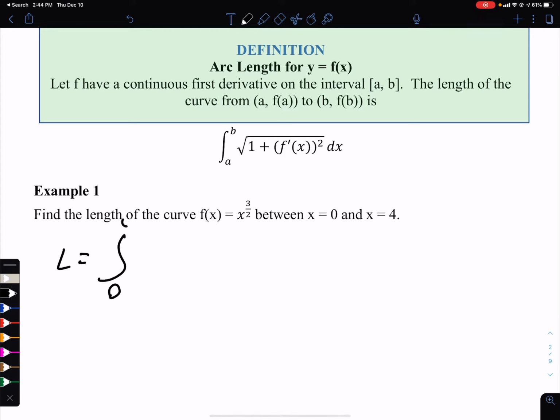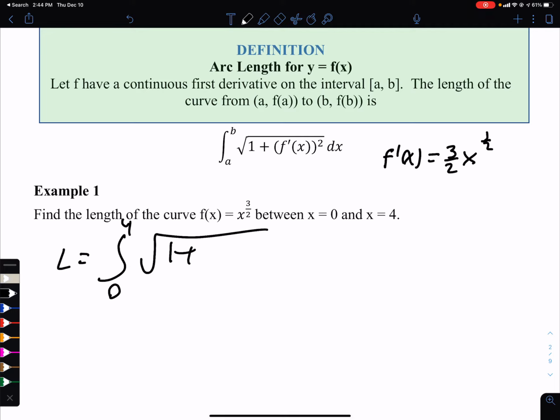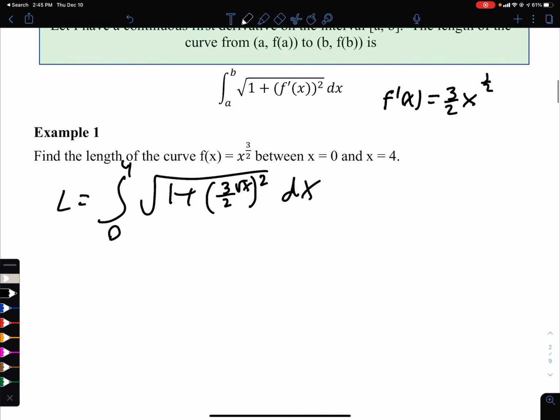I can do that. And square root of 1 plus. Now I need to find the derivative of f. So with the power rule, I bring the 3 halves in front and decrease the power by 1, and I get 1/2. So I'm going to have 3 over 2 square root of x, squared, because this says square it, and it's with respect to x.